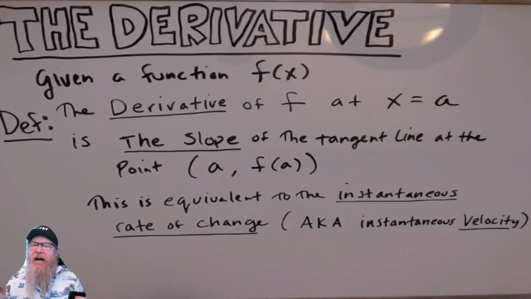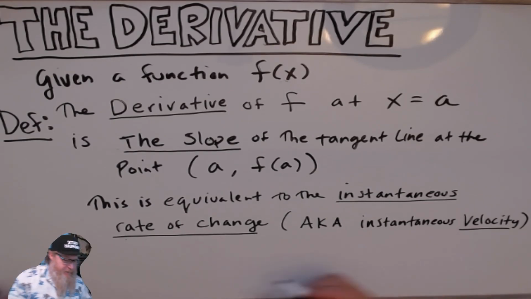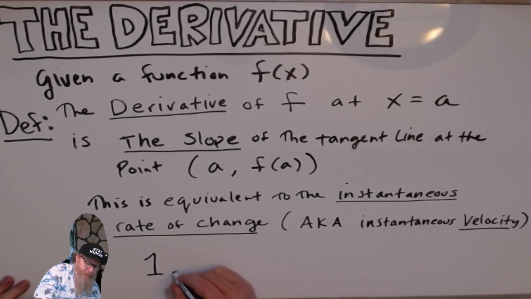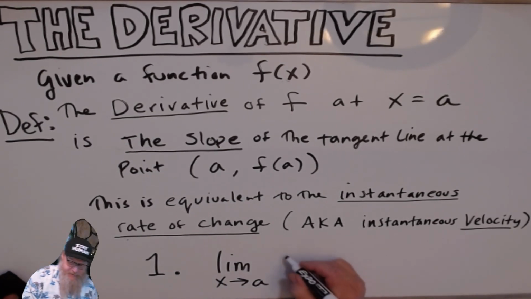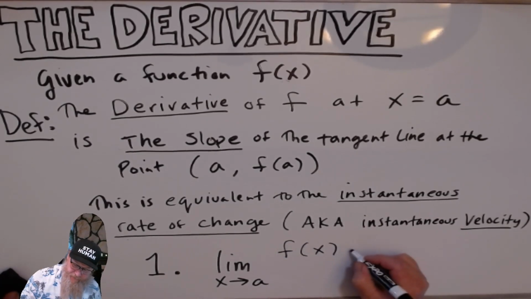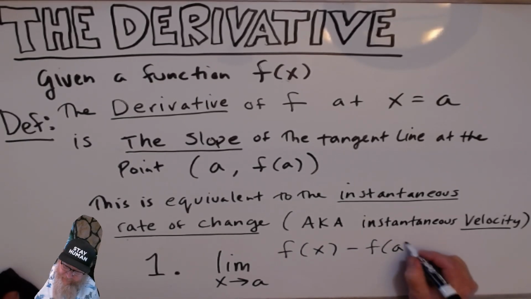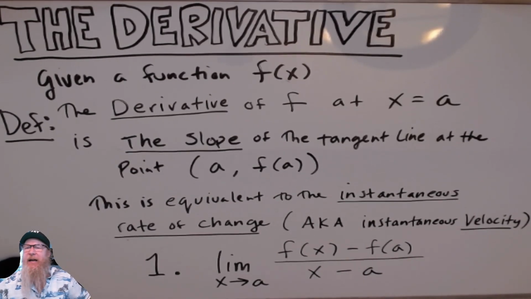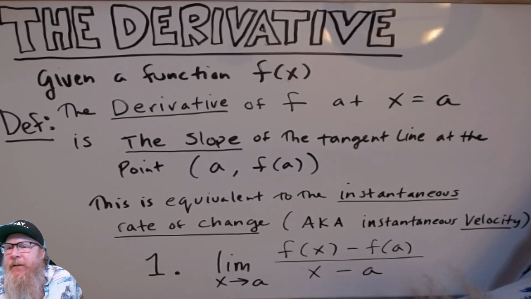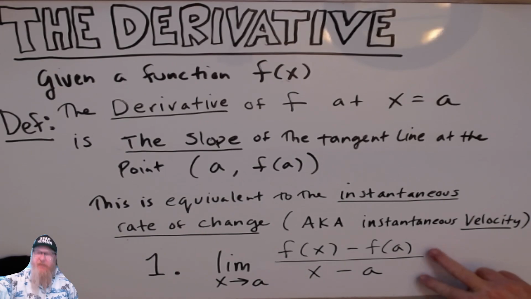And it is defined in several different ways. The first definition is the limit as x approaches a of f of x minus f of a over x minus a. So this can be thought of as the limit of the slope, right?